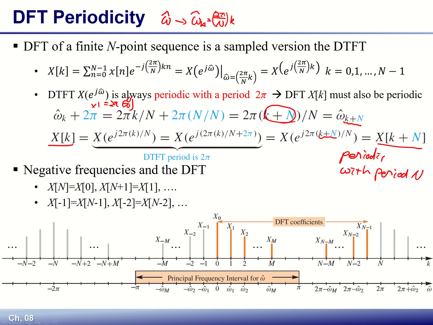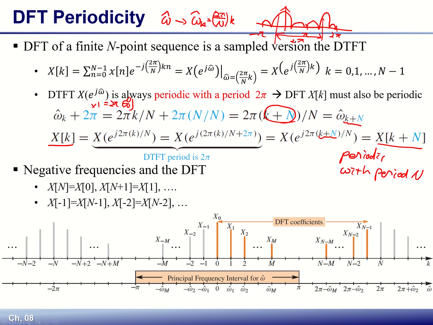N. Okay. When you remember our DTFT, we consider a fundamental period from minus pi to pi instead of 0 to 2 pi. Since it is periodic with period 2 pi, the signal will be the same.